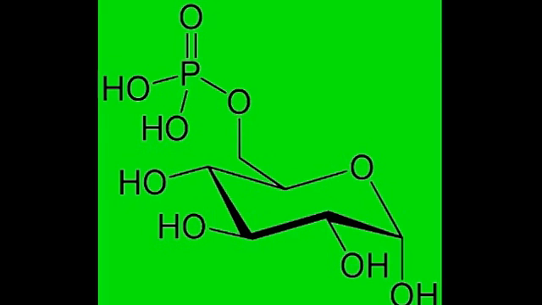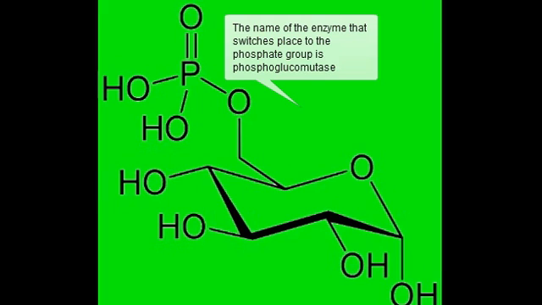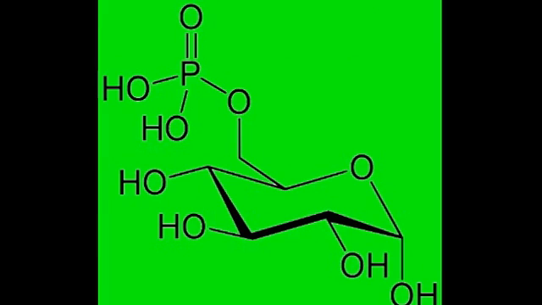And then there's another enzyme which switches the place of the phosphate group and moves it to the carbon 6. So as you can see in the picture over here, you're going to have glucose 6-phosphate, which can then enter the glycolytic process if it's in the muscles.